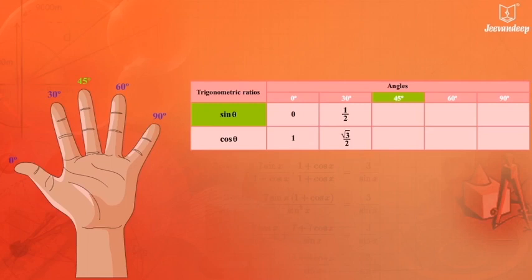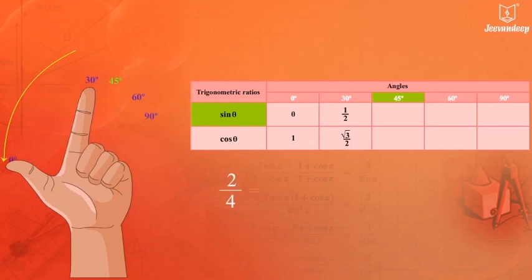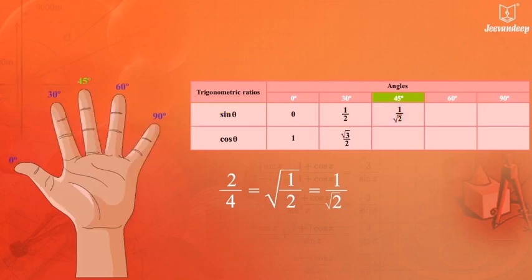For sin 45, count the number of fingers towards the left of the middle finger. It's 2, that is 1 upon 2. The square root of 1 upon 2 is 1 upon root 2. Hence, sin 45 is 1 upon root 2.